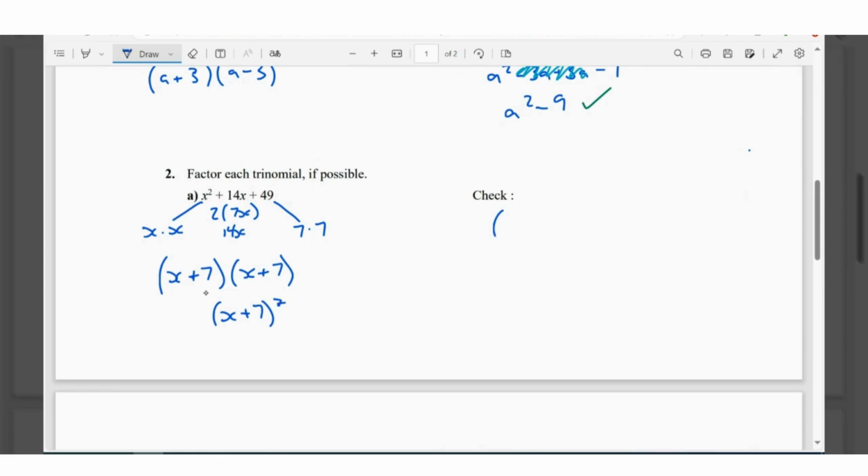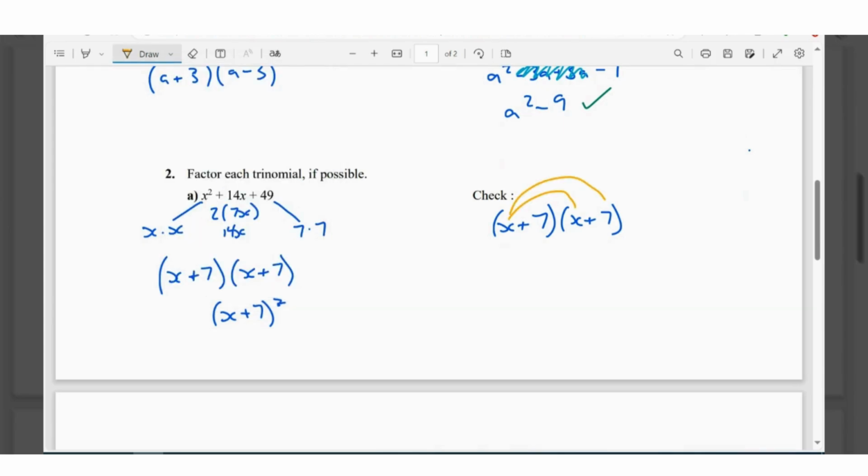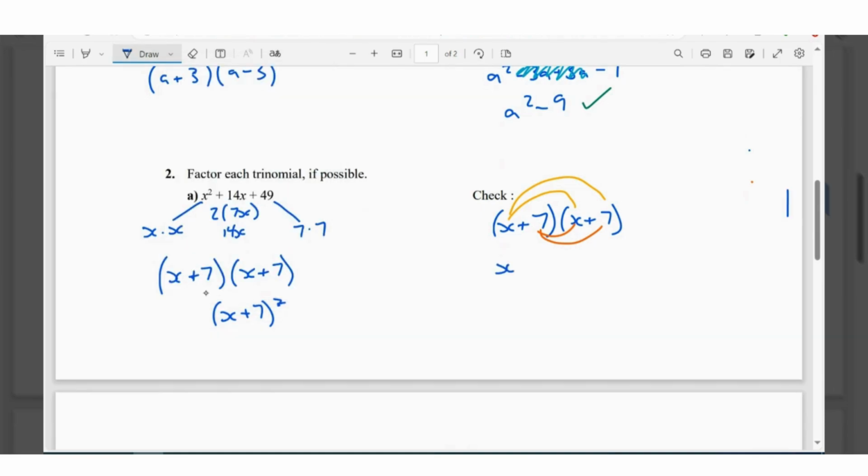So then let's check. If we FOIL x plus 7 out, do we end up where we started? Let's do our first, outside, inside, last. And we get an x times x, x squared, plus x times plus 7, plus 7x. 7 times x, plus 7x.